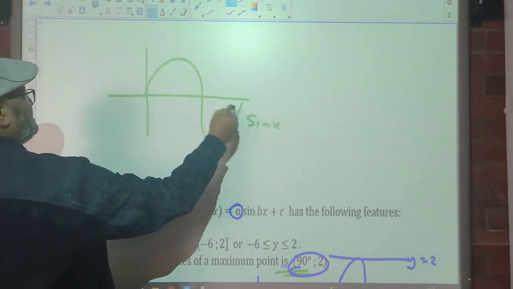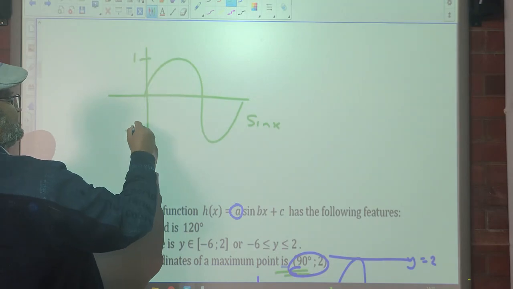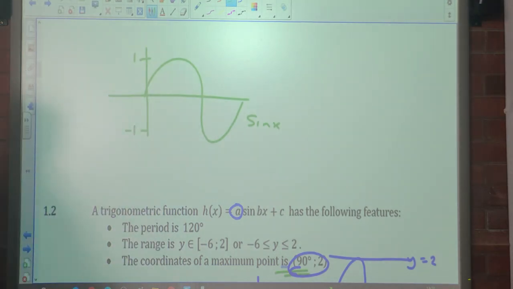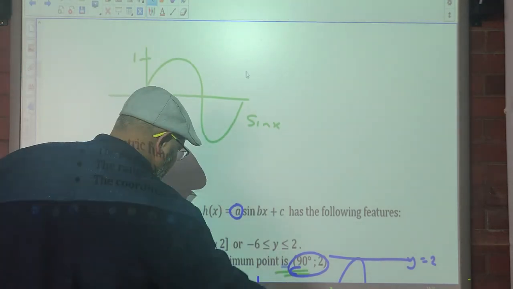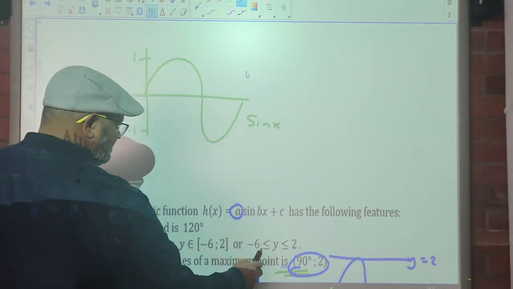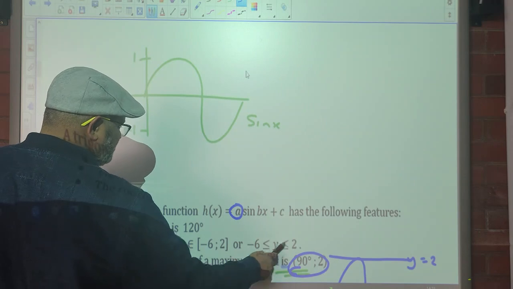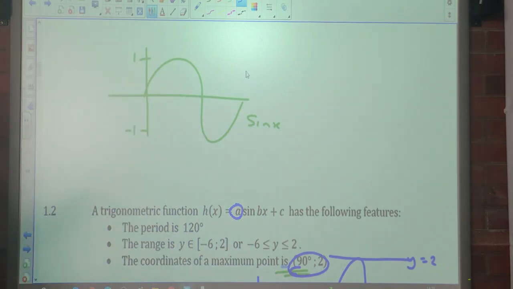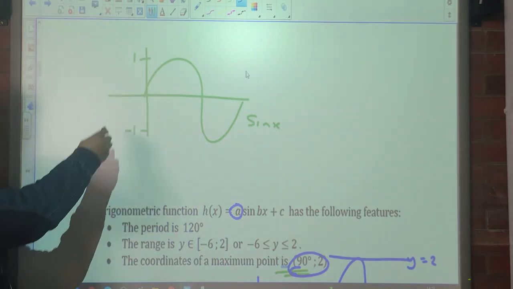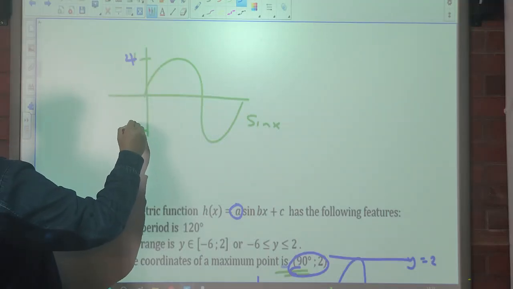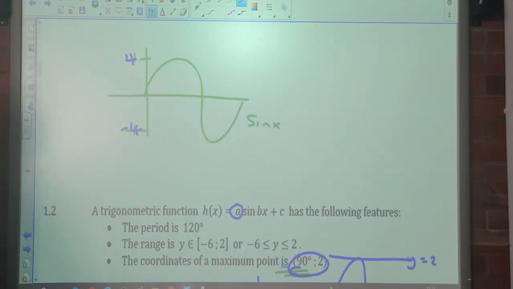No? So if that is 1, then that's 1 and minus 1. Right? But what do we see here now? This has a maximum of negative 6 and a minimum of 2. So that has a distance of 8. So that means this has to be 4 and minus 4.